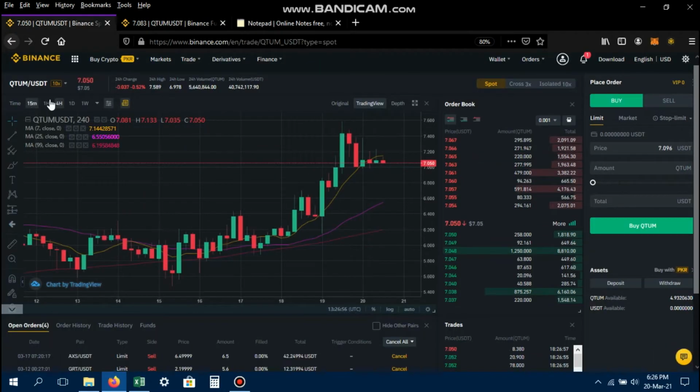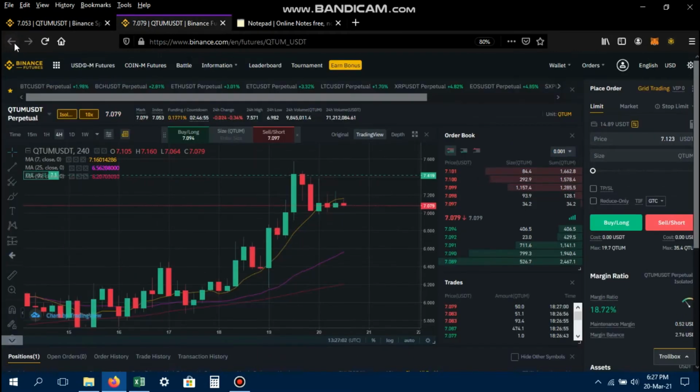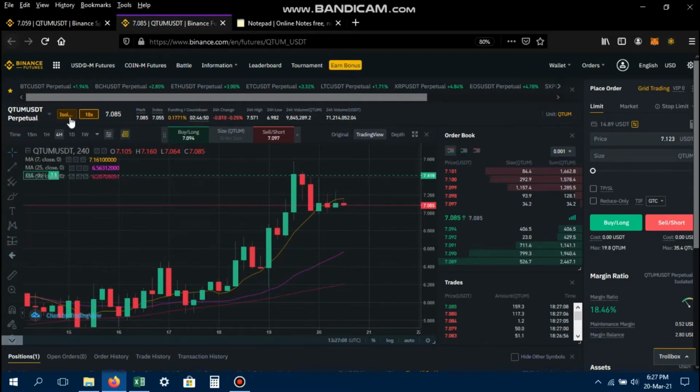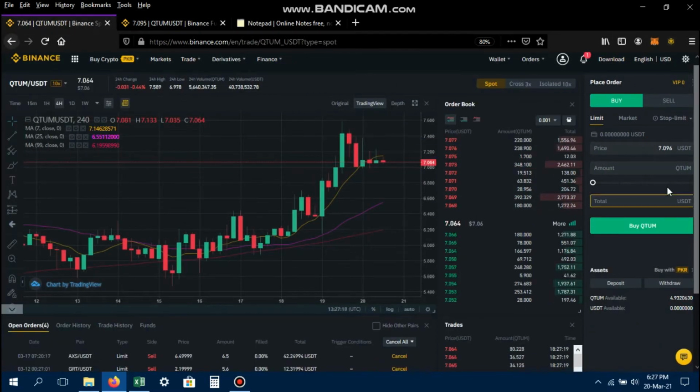You can see that over here nothing is written, it's just the coin name, then the rate. But in future you can see the coin rate, then it's written perpetual, then there's some other marks. Then the interface for buying and selling is different compared to spot.